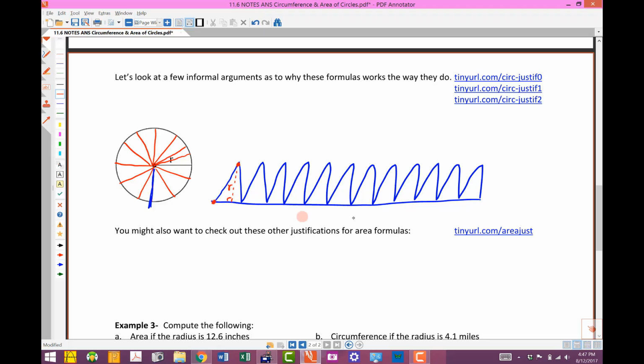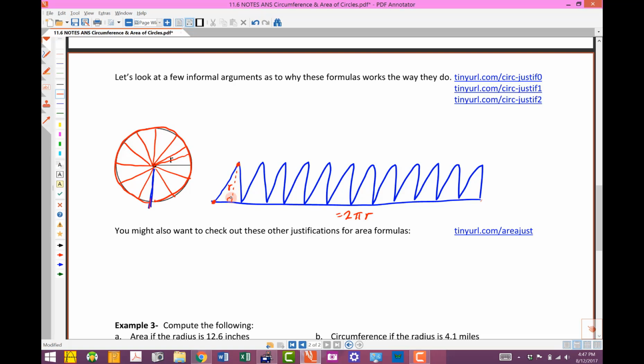When we cut it along here and spread this out, how far was it from here to here? Well, that has a name. That's the circumference, and the circumference is 2 pi r. That's the formula for circumference. So the distance from here to here is 2 pi r, and the distance from top to bottom is just r.